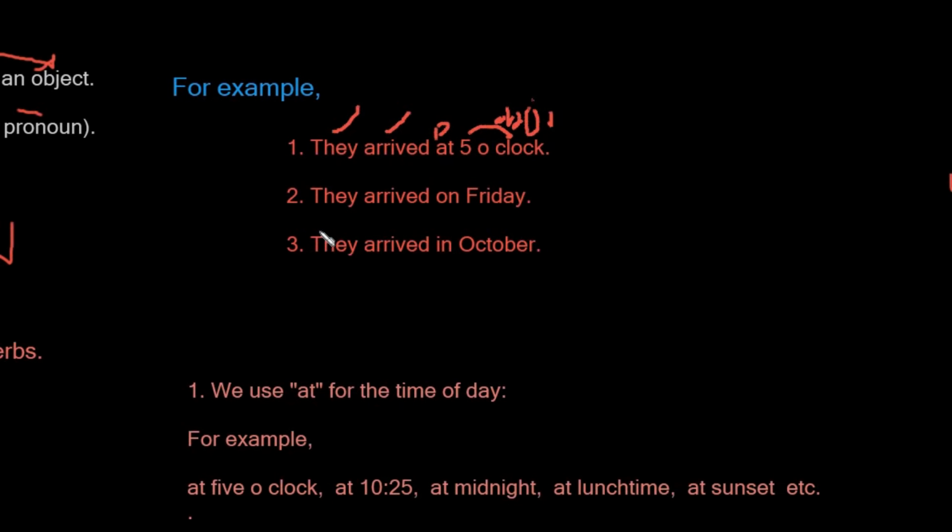The second sentence: they arrived on Friday. Subject, verb, on is the preposition, Friday is the object. I will explain why we use on with Friday, at with this time, or in with October, but first you should understand how we use a preposition in a sentence.